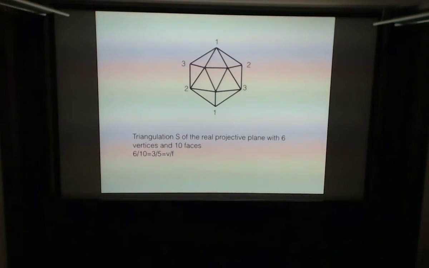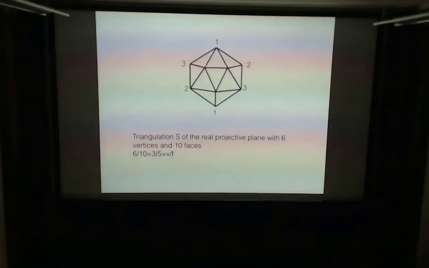This is a real projective plane. This is a triangulation of the real projective plane. It's a minimal possible triangulation. We have a hexagon here with 6 vertices, but opposites should be identified, 2 and 2, 3 and 3.